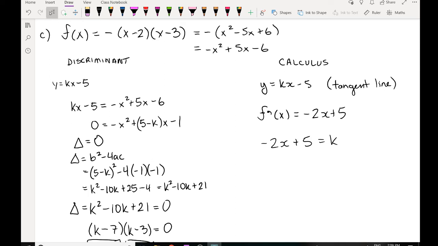Because at this point, I think I need a point on the line. Derivative is the slope of my tangent line. I've got my derivative. What else do I know to be able to plug in there?